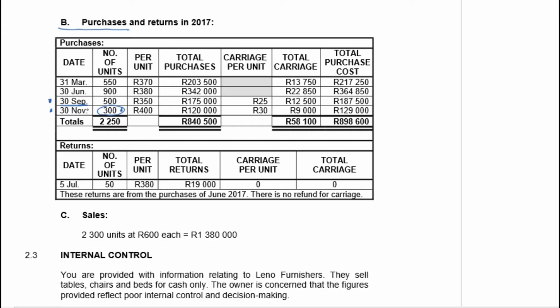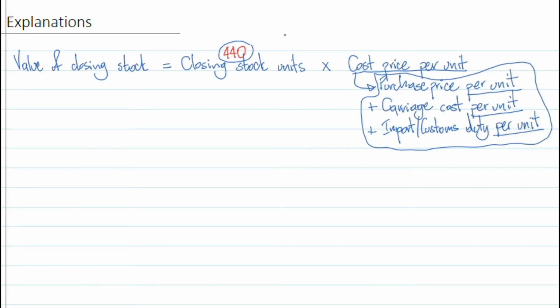That means that we are going to assume that 300 of the 440 units of closing stock were purchased on 30 November 2017. And we are going to assume that the remaining 140 units of closing stock come from the stock that was purchased on 30 September 2017.